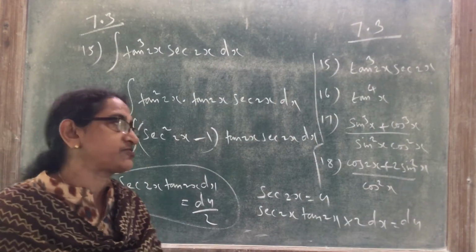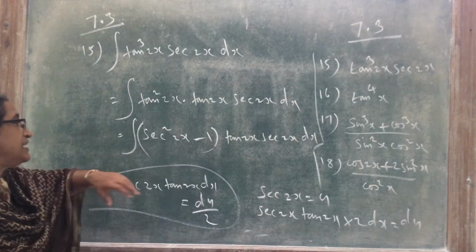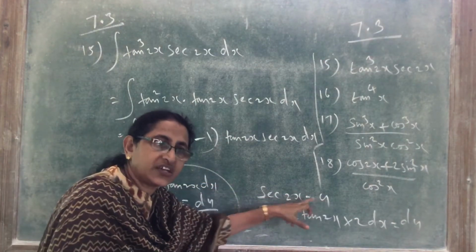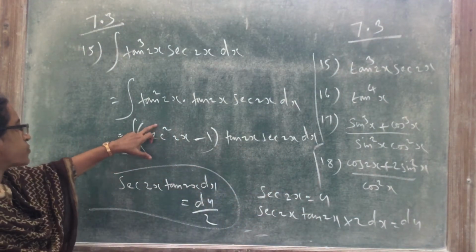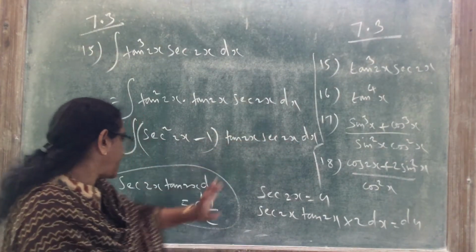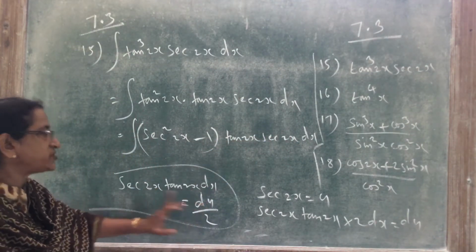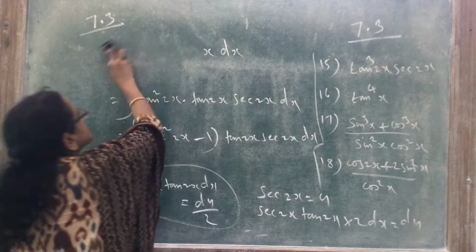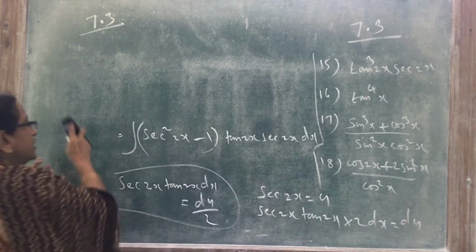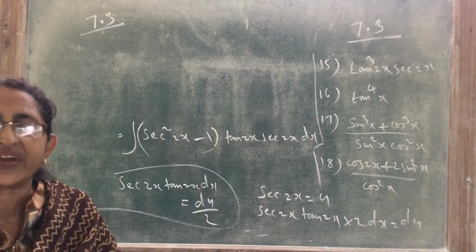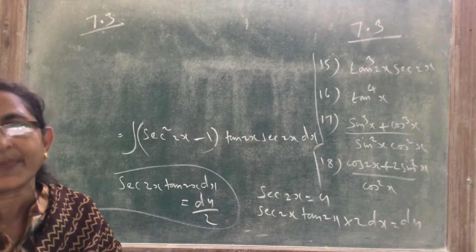We are going to substitute that in the integral. In place of sec 2x, we write u, so here we get u square minus 1, and then for sec 2x tan 2x dx we substitute du by 2. So first we wrote tan square into tan. Then for tan square 2x, we substituted sec square 2x minus 1.